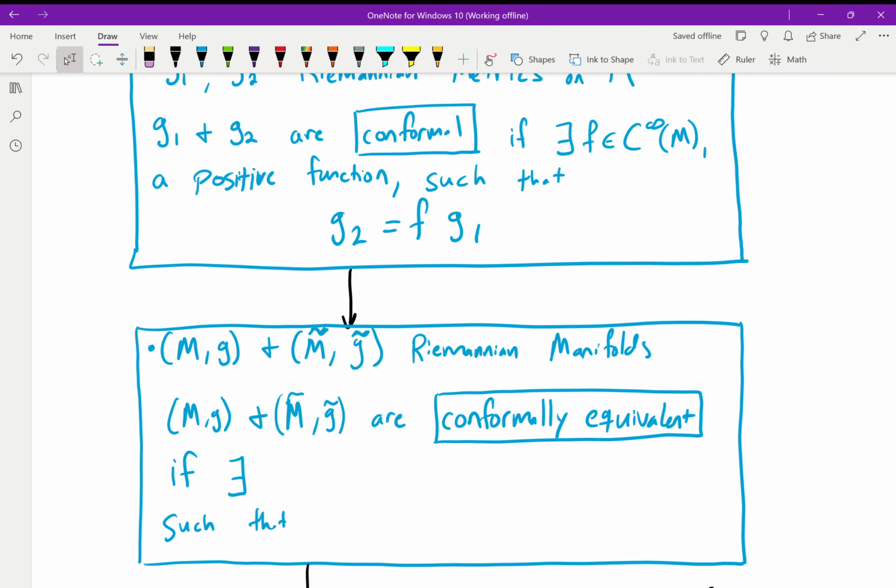So if you have two Riemannian manifolds, they are said to be conformally equivalent if there exists a diffeomorphism phi from M to M tilde such that the pullback phi star applied to G tilde and G are conformal.